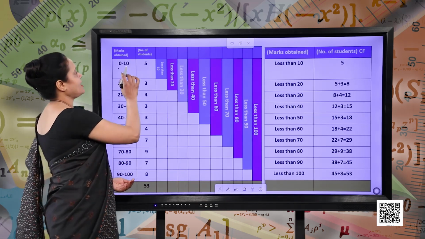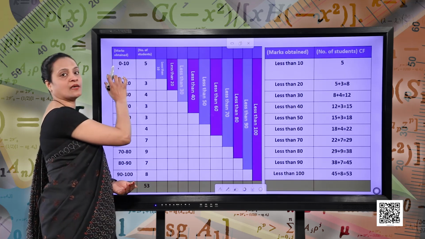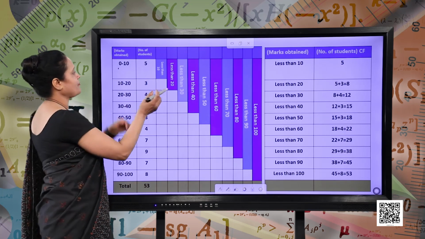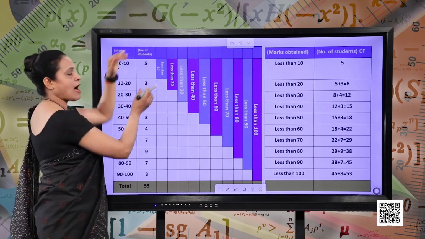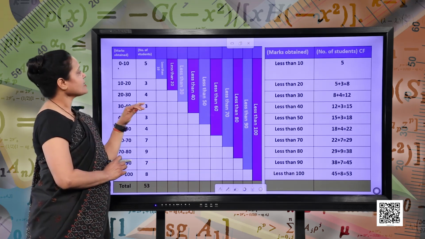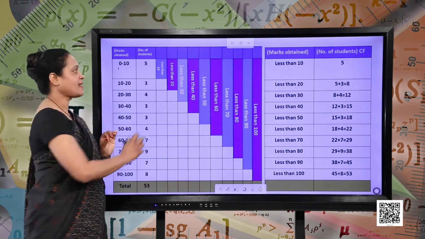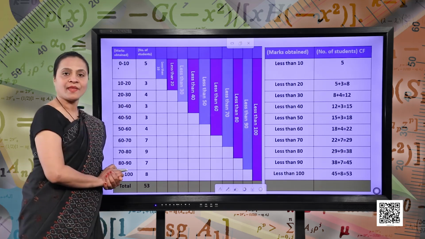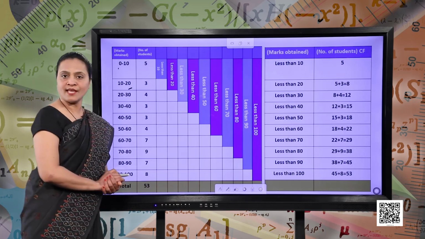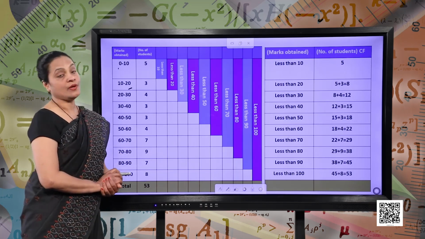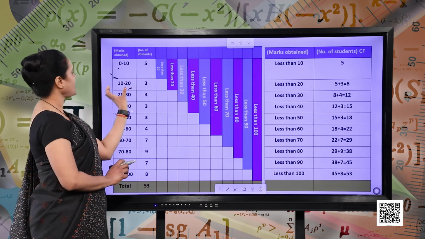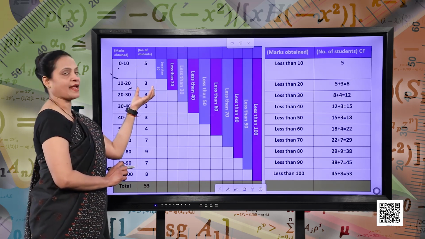Correct? So, let us form our first class interval, which is going to be 0 to 10, 5 students. So, how many students are there scoring marks less than 10? There are 5 such students. And if I ask you how many students have scored marks less than 20, it will include those students who have scored marks from 0 to 10 as well as those who have scored marks from 10 to 20.